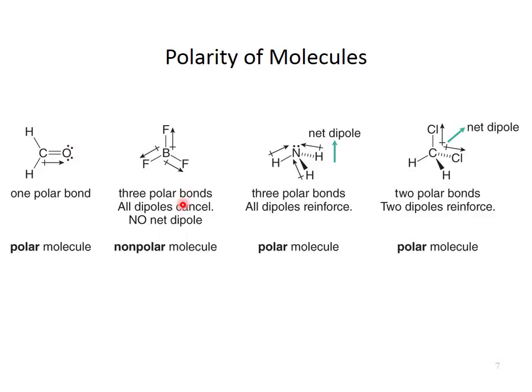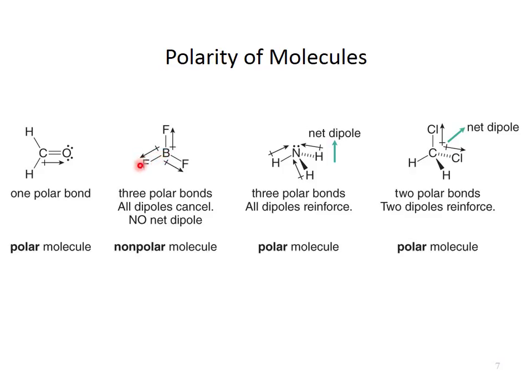Let's look at this molecule. The boron-fluorine bond is very polar. If you look, I believe boron has an electronegativity value of 2, and fluorine has an electronegativity value of 4. That's a huge difference in electronegativity, and so this is an extremely polar bond.